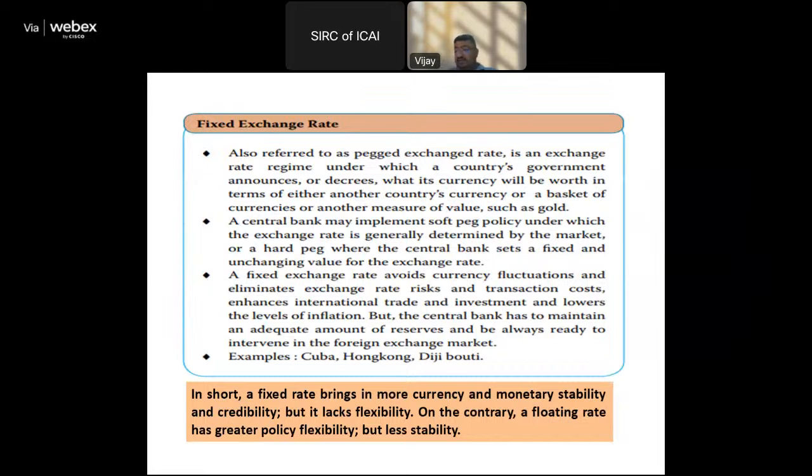But when it is 80, it is 0.0125. So when the price of the dollar increases, the value of the rupee falls.